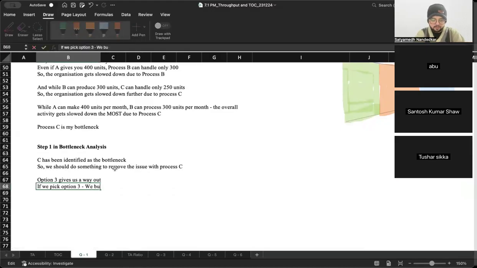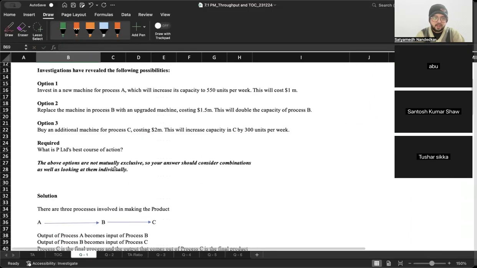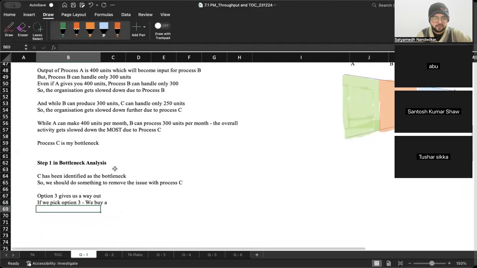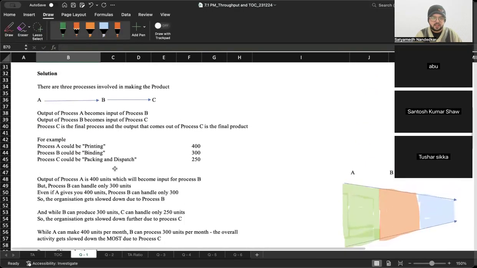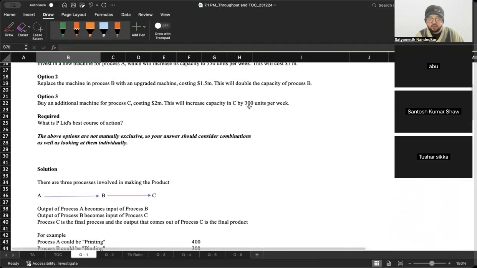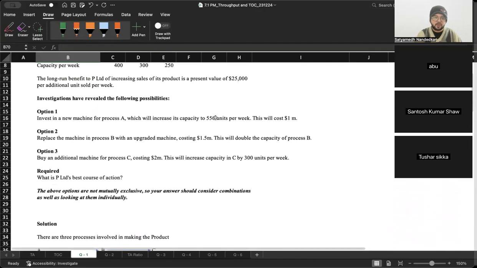This increases the output of process C by 300 units per week.